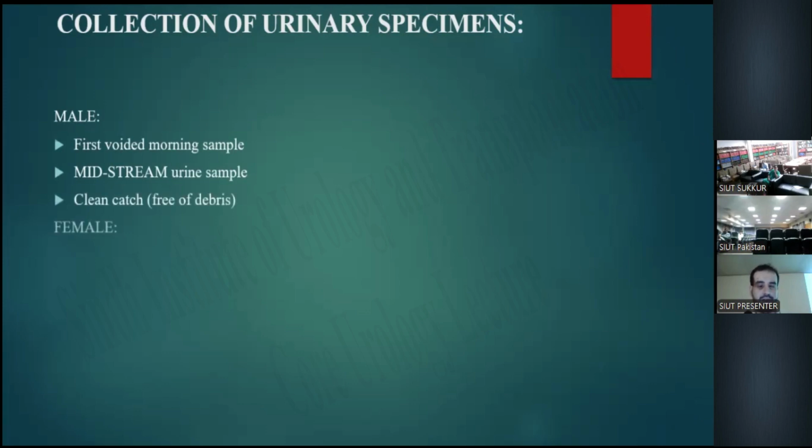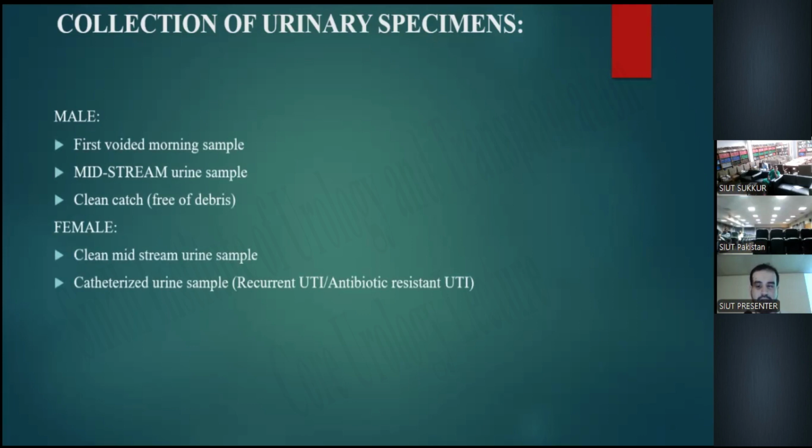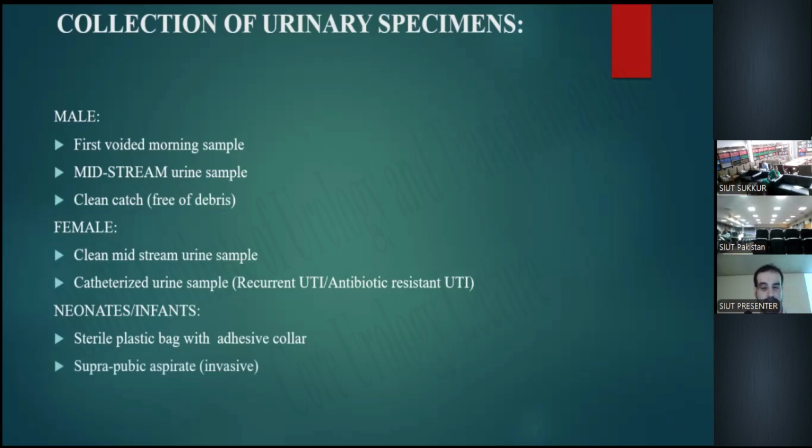In females, a clean midstream urine sample, or in case of recurrent UTI, antibiotic-resistant UTI, or previous unsatisfactory samples, a catheterized sample will be required. In neonates, a sterile plastic bag with an adhesive collar can be used, or urethral catheterization or suprapubic aspiration, which are invasive.